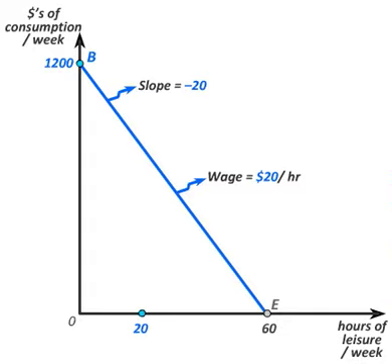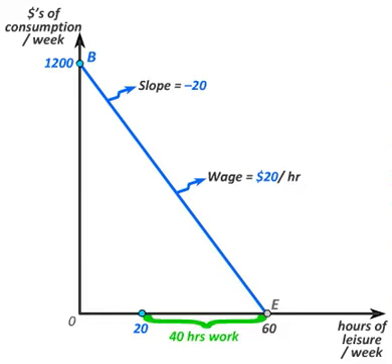The worker is likely to end up on neither of the extremes in his budget constraint. He's probably not going to consume 60 hours of leisure and consume nothing in terms of goods, nor is he likely to consume $1,200 worth of goods and no leisure at all. He might, for instance, choose to work for 40 hours, which would leave him with 20 hours of leisure. Note that the horizontal axis measures hours of leisure, not hours of work.